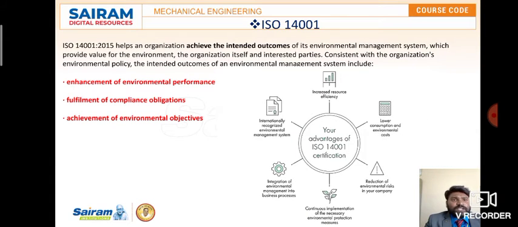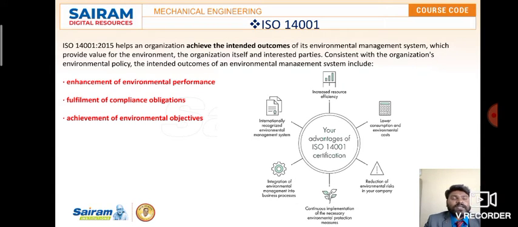And then coming to ISO 14001, what is the outcome that we are going to get from this certified ISO? The intended outcomes are enhancement of environmental performance, and next one is fulfillment of compliance obligations, and then continual achievement of environmental objectives.